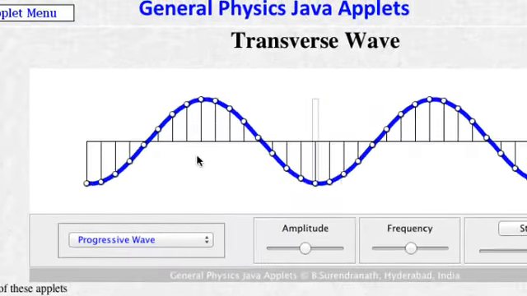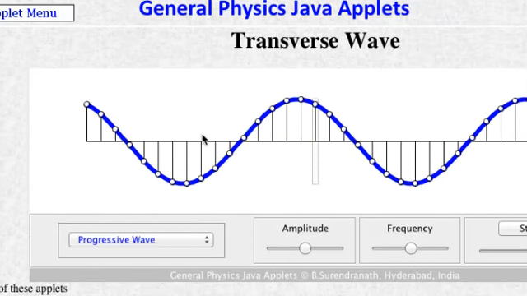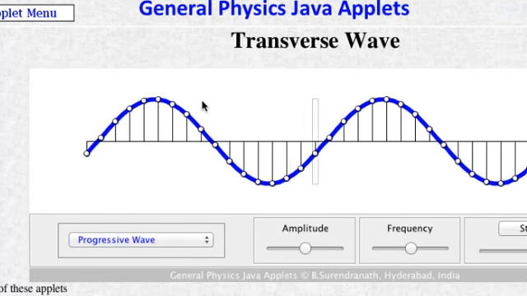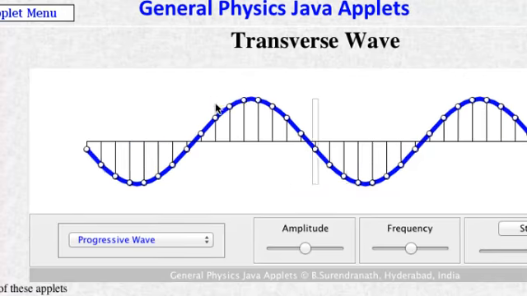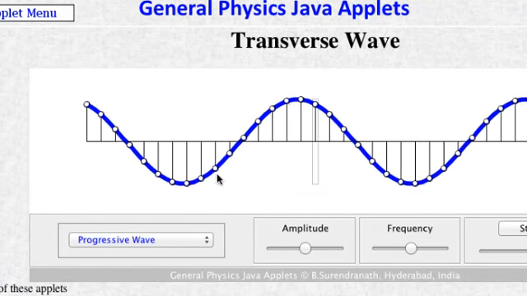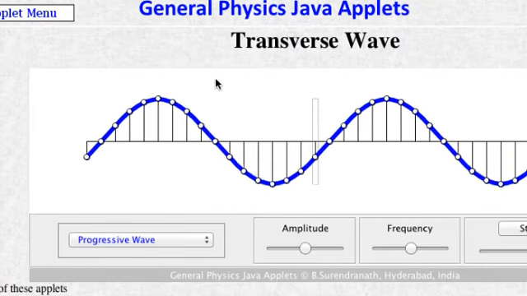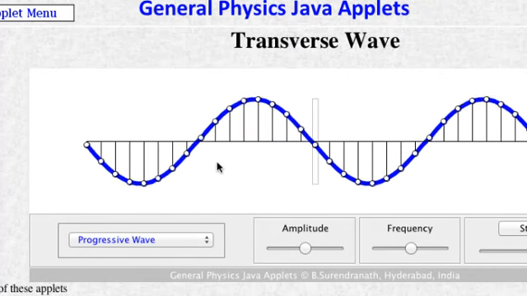In our transverse progressive wave here, if you look at these little white dots, those are representing the material of the medium. You can see this one in particular is oscillating up and down. It's not actually moving. It has no net movement over the course of the wave's progression.